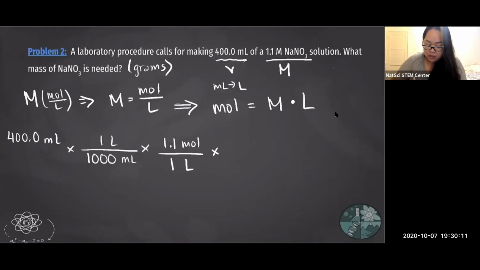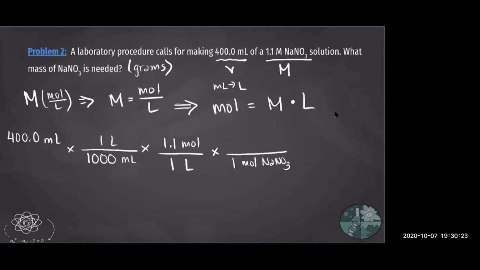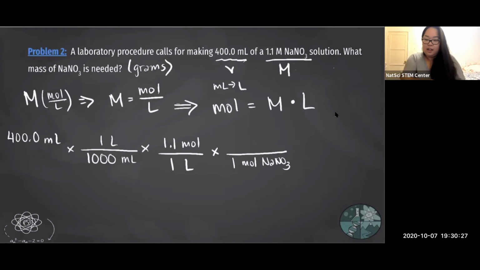And then since you have that, now you need 1 mole of NaNO3. The molar mass of NaNO3 is 85 grams. So now you can just do the math. Let's do it in your calculator and tell me if you get the same answer as me.